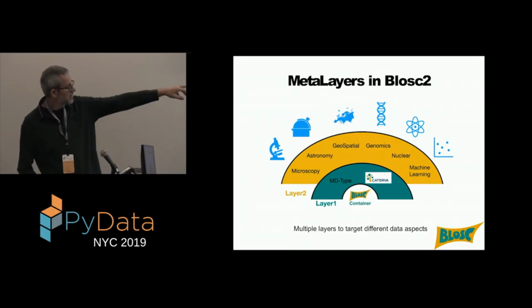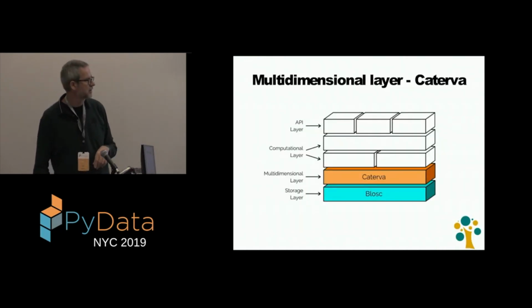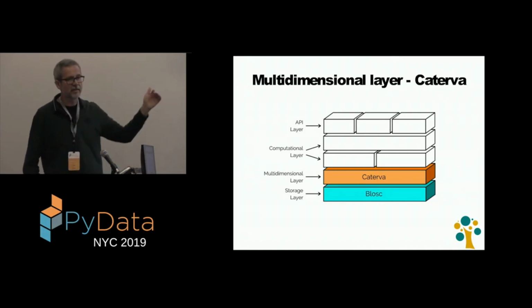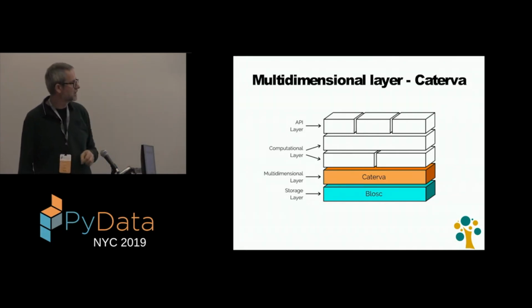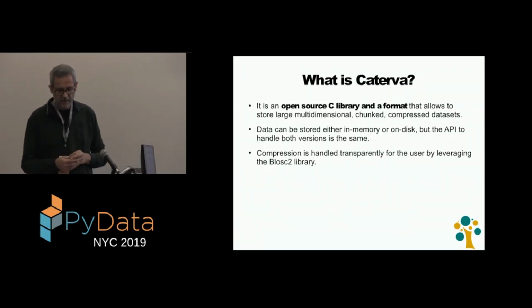One of the layers that you are seeing there is called Caterva, and this is what I am going to describe. It is essentially a layer on top of Blosc2 that allows you to describe multidimensional data. So what's Caterva? Caterva is an open source C library, but also a format that allows you to store large multidimensional, chunked and compressed data sets.